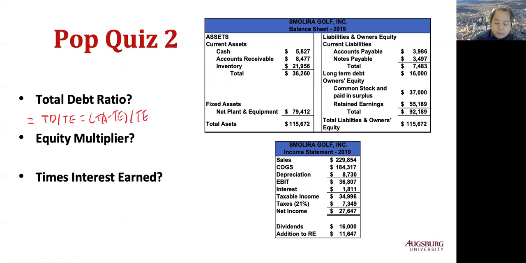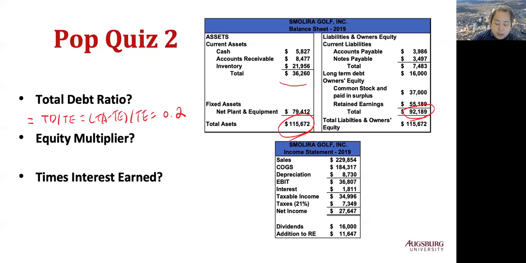Total assets are 115,672 and total equity is 92,189. So 115,672 minus 92,189 is the total debt, divided by 115,672, equals 0.2. That's the total debt ratio.